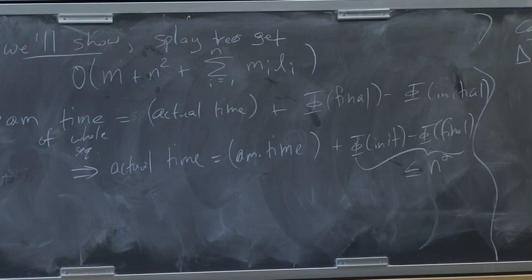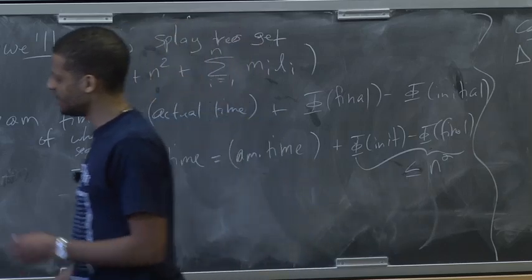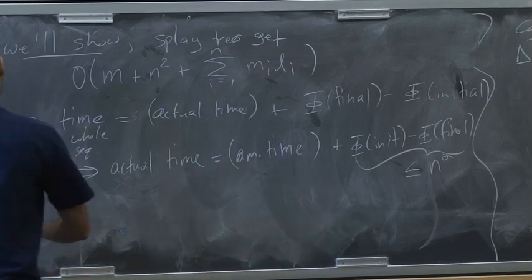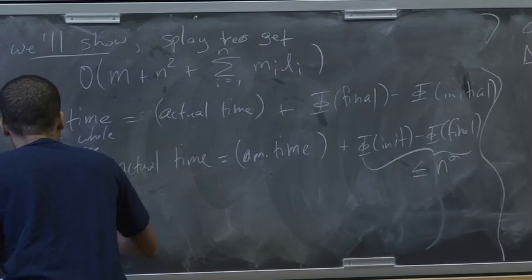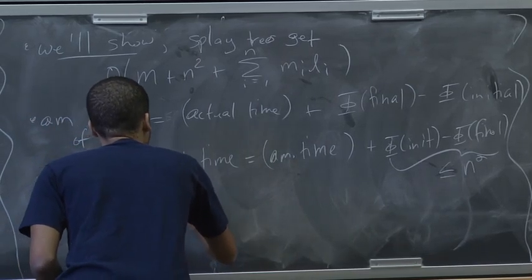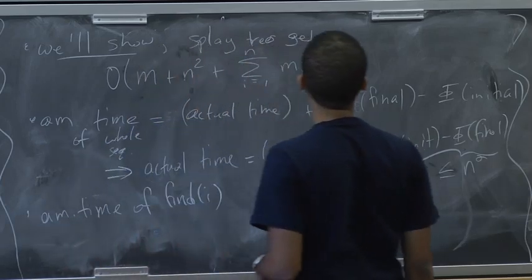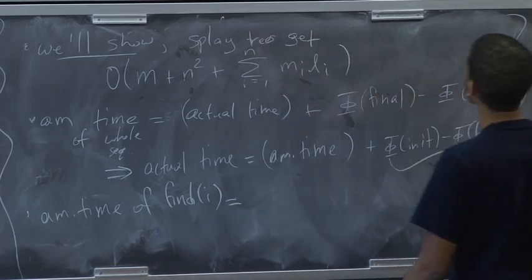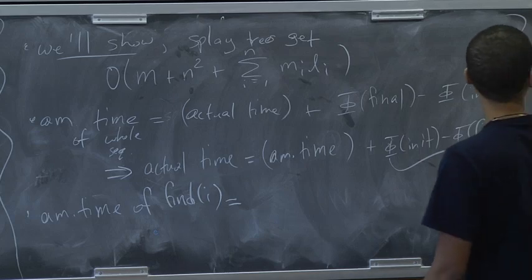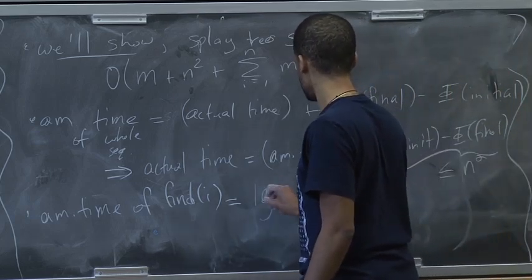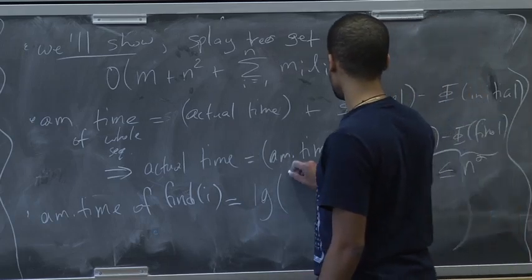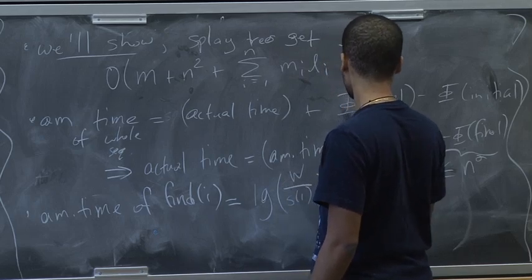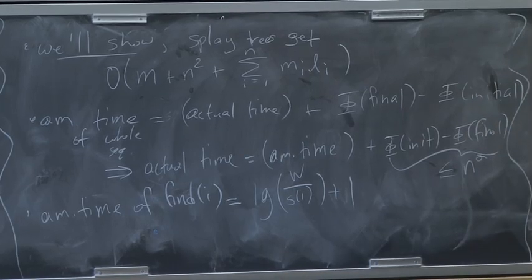How about the amortized time? Well, let's look at the amortized time of searching for i. The amortized time of find i is equal to, well, I erased the theorem, but it's log of the sum of the weights over s of x, s of i, plus 1. It's up there.